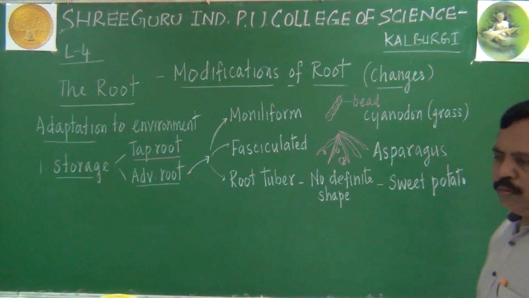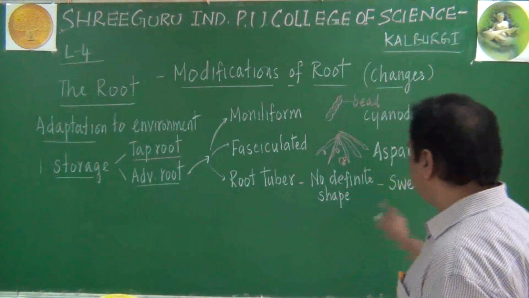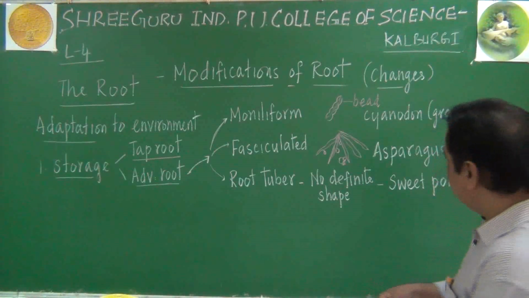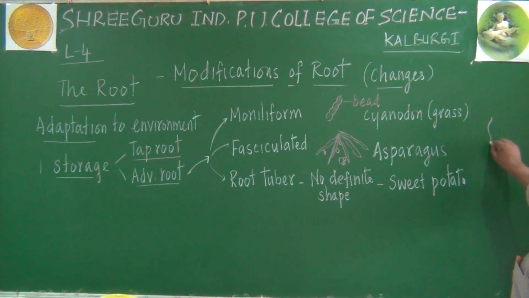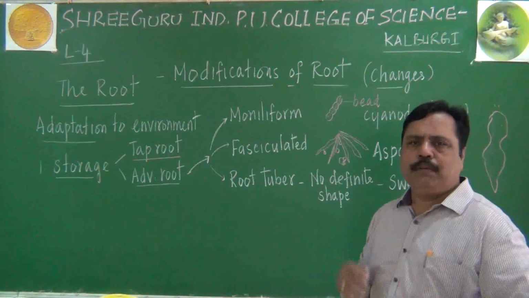Sweet potato, the genus Ipomoea, has root tubers. Here a single root will have an irregular shape like this, brown in color. They will store a large amount of starch. Brown in color, but inside it will be white, which is edible.